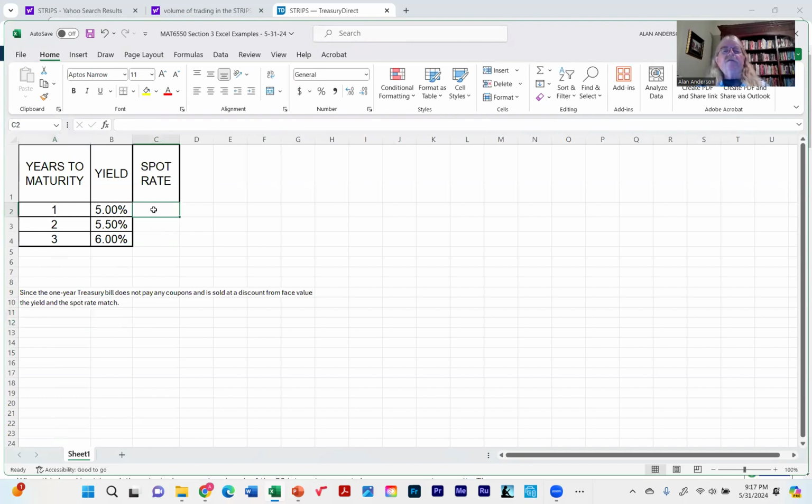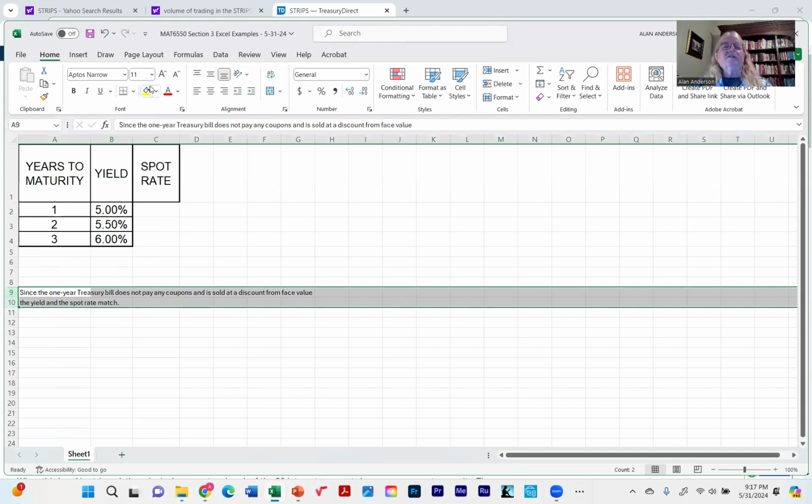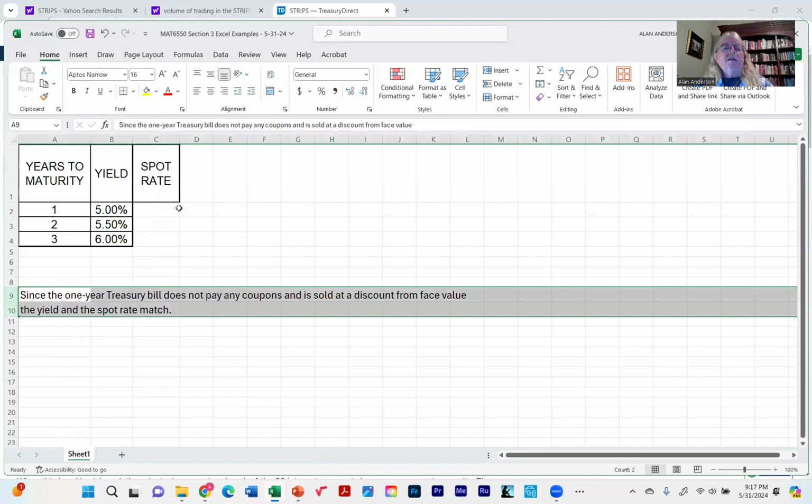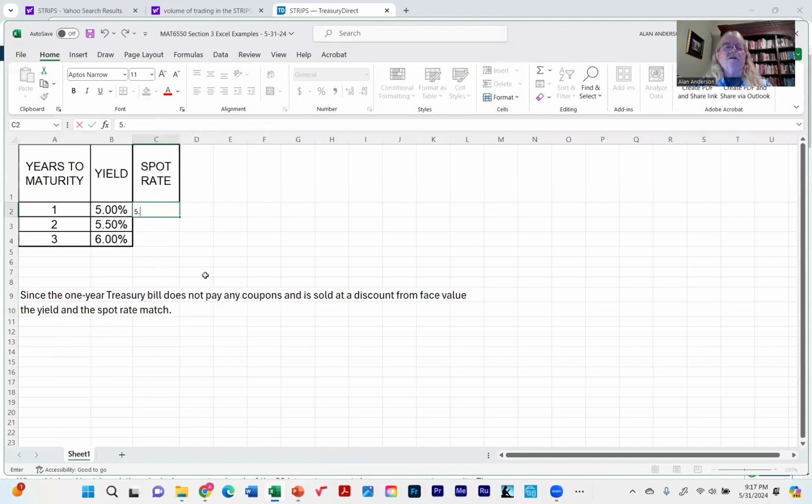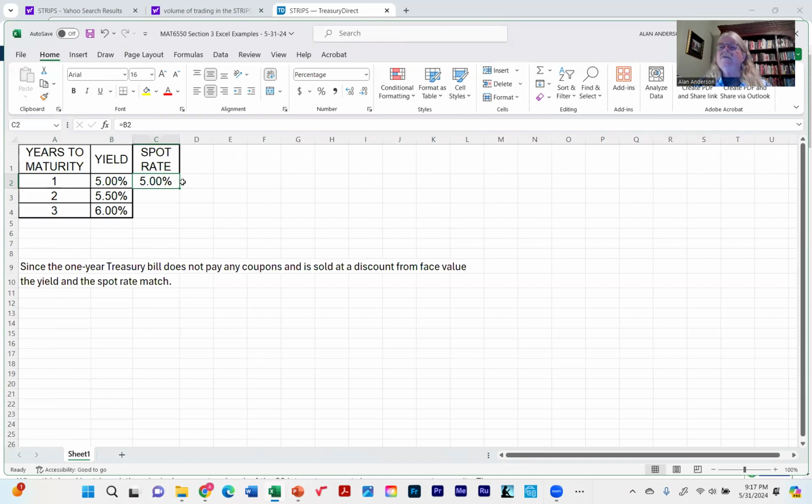That's because we formally defined, remember, a spot rate as the yield to maturity of a 0 coupon bond. Therefore, this first one is easy. It's just 5%. The next two, well, that's a lot trickier. How do we get those numbers?